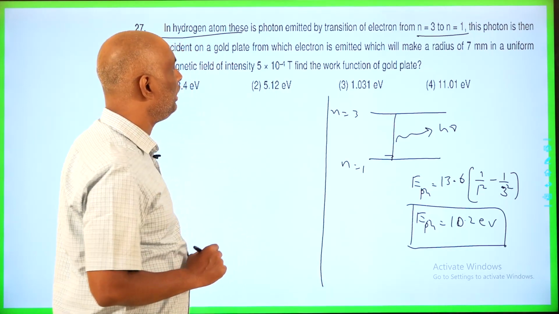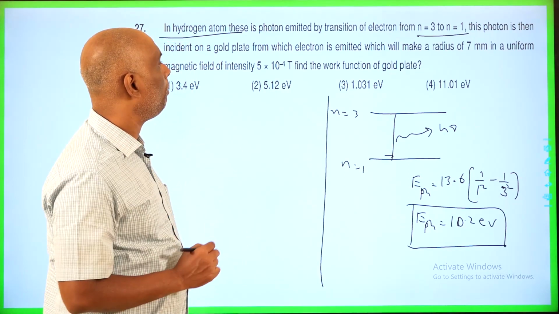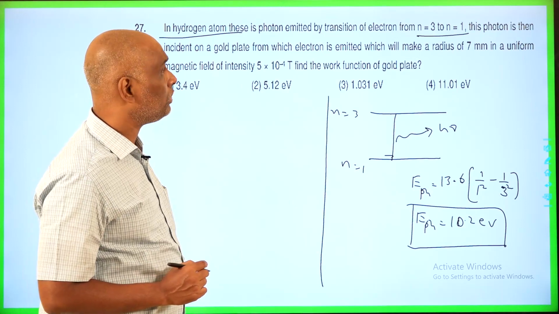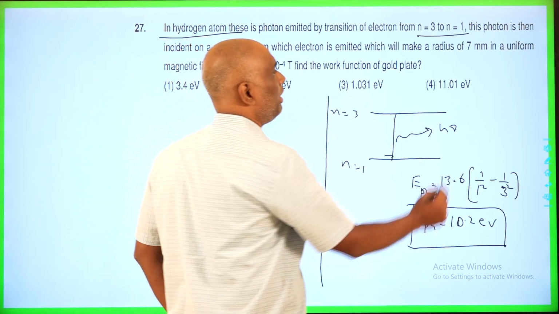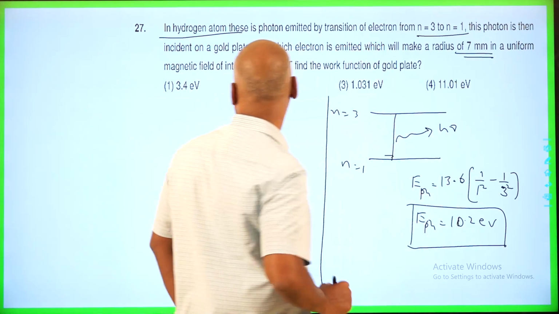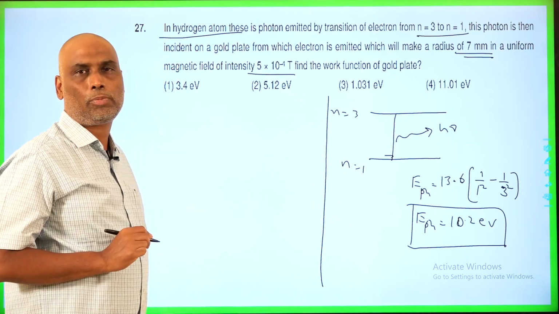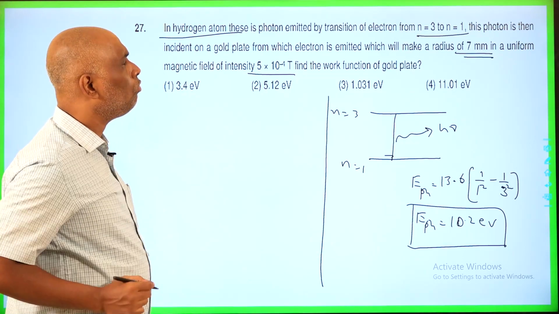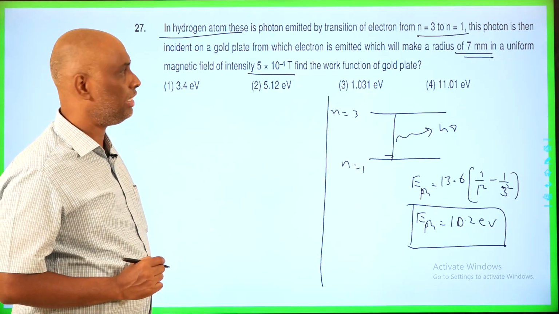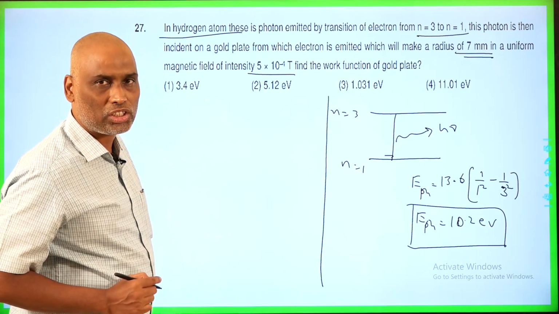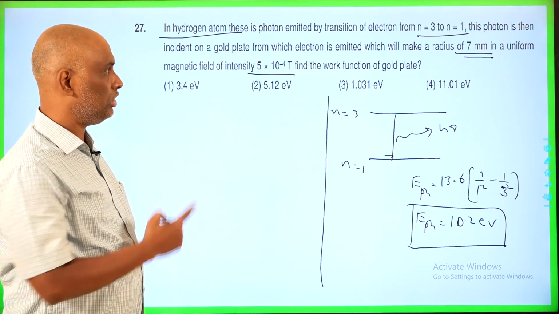Now this photon is incident on a gold plate, and the electron which is emitted makes a circular path of radius 7 millimeter in a uniform magnetic field of induction 5 into 10 to the power minus 4 Tesla. Because they are asking the work function, we can first find the kinetic energy from the radius.